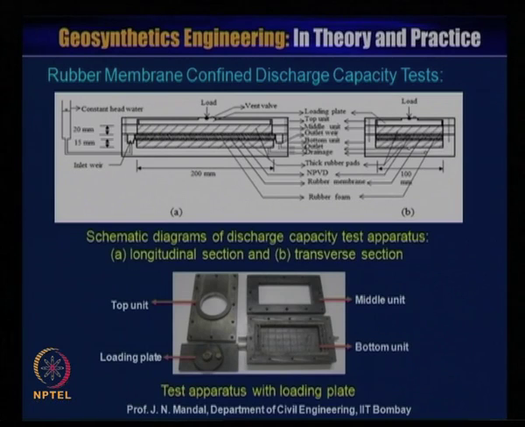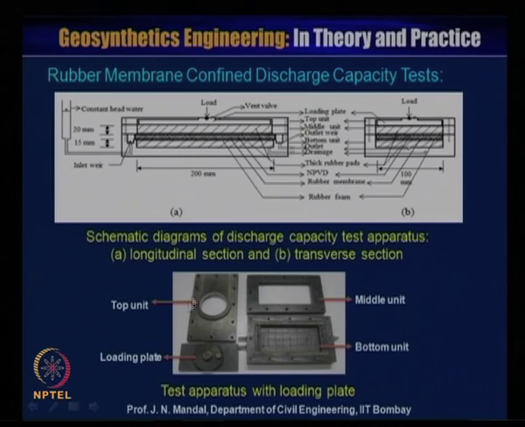Now, we have also performed the rubber membrane confined discharge capacity test. So, this is the schematic diagram of the discharge capacity test apparatus. This is the longitudinal section and this is the transverse section, which we have also covered in the filtration and drainage chapter.